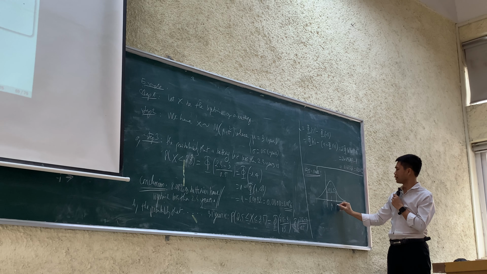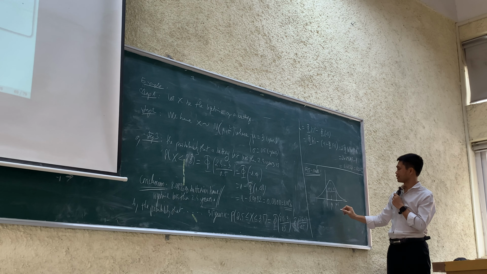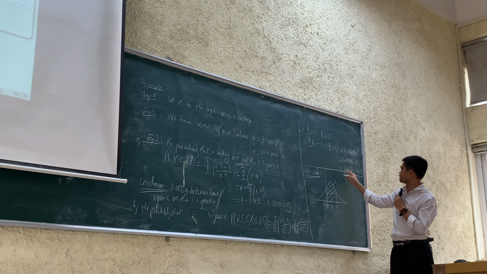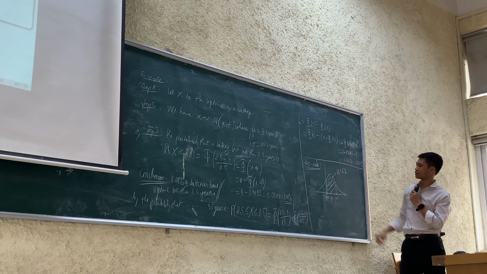So it's mu plus sigma, and here mu minus sigma. This region contains 68%.